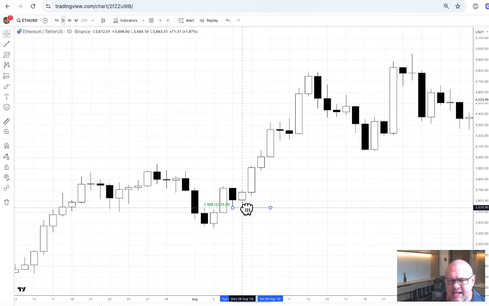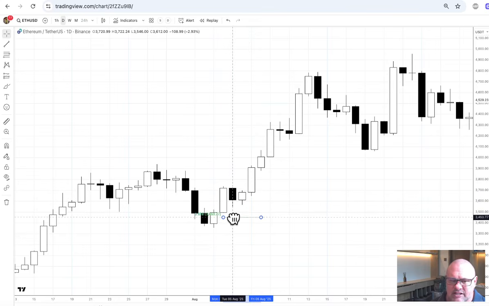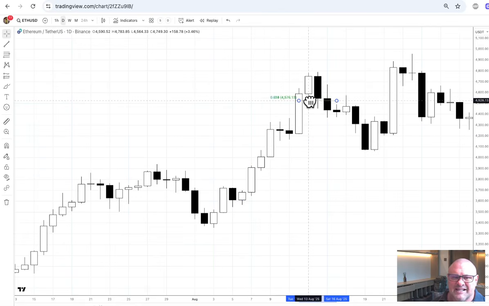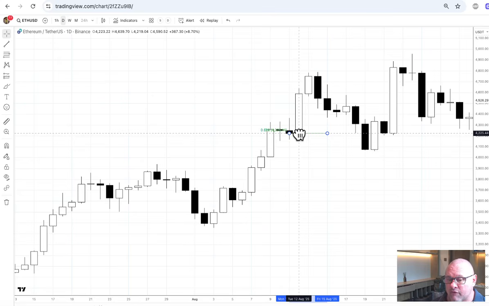Here, the next day, 2 days in a row, the sellers pushed it down from here and from here, and then the buyers stepped in. They couldn't get to the low of the previous day. Here, the sellers tried to push it down, couldn't get to the low of the previous day. So that's 1, 2, 3, 4, 5, 6, 7, 8, 9, 10 days in a row the sellers couldn't push it below the low of the previous day.